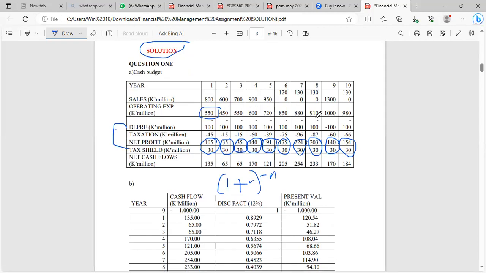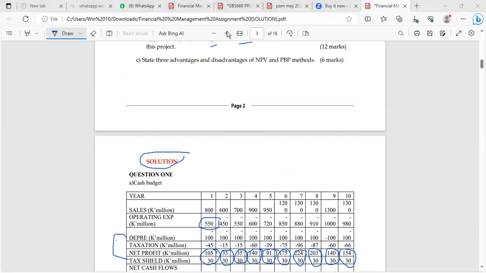Okay, so this is what is going on. After getting these cash flows, you find the present value, is what we are looking at.